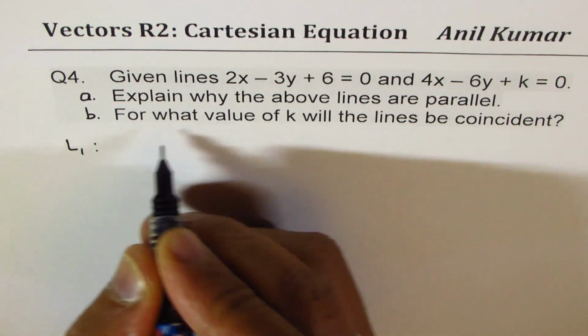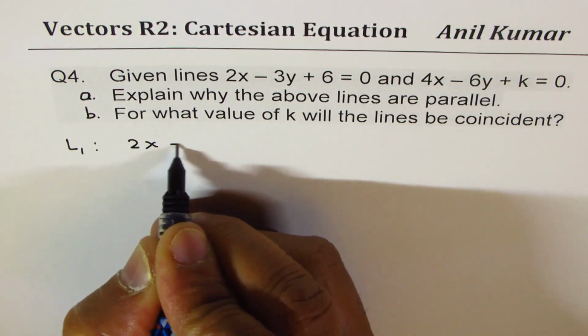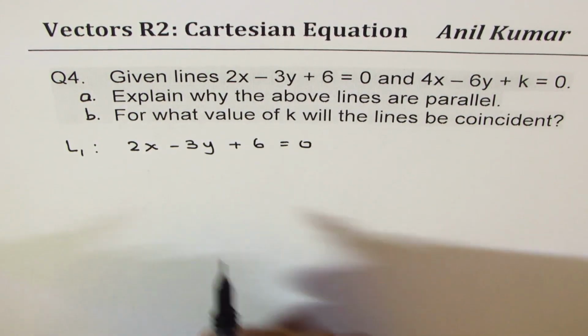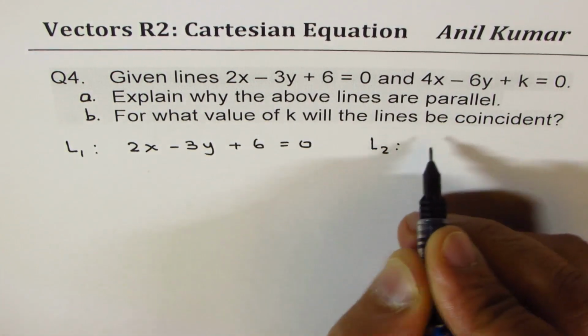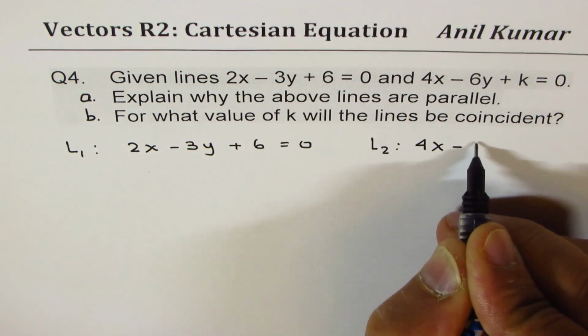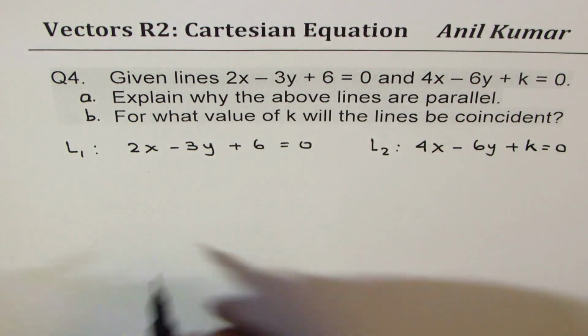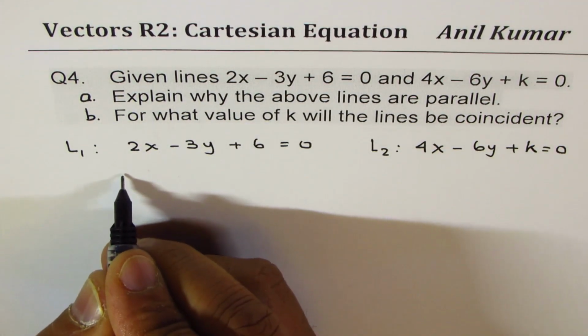Let's say L1 is 2x minus 3y plus 6 equals 0. And L2 is given to us as 4x minus 6y plus k equals 0. Right? Now what is the normal vector here?